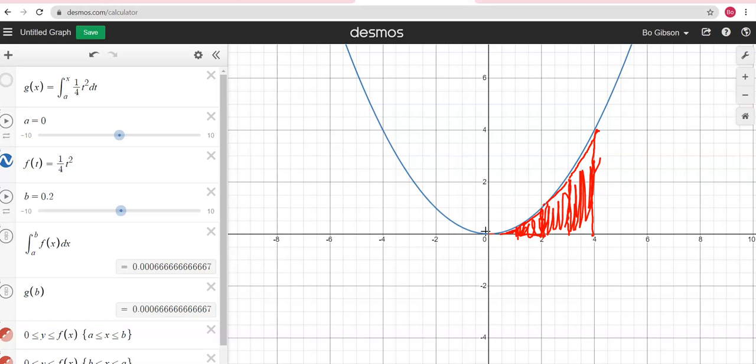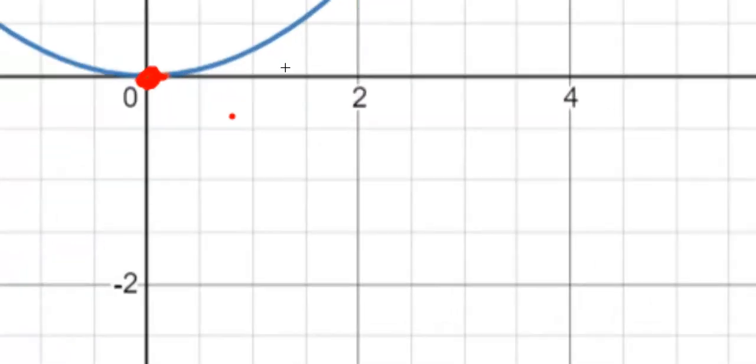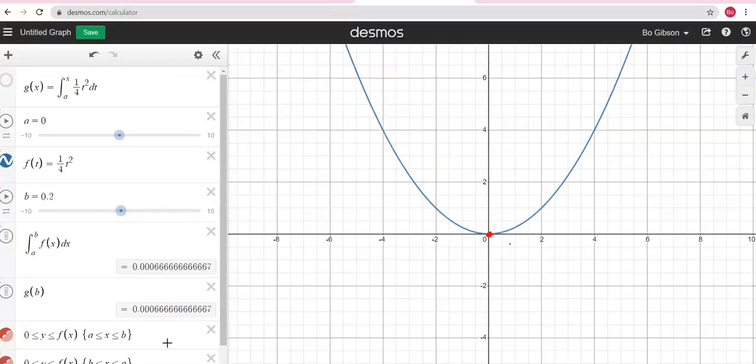So not only is my graph increasing, the rate at which it is increasing is increasing. Okay, and so what my graph on the right side is going to look like is we're going to start at 0. Oh, I didn't want to zoom in. Let me cancel this and do it again. So it's going to increase at an increasing rate, and I'm going to see something like that.